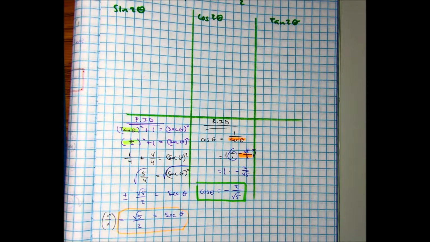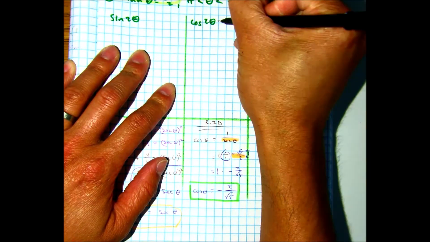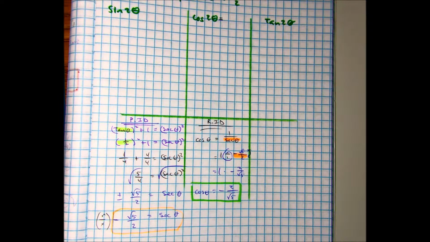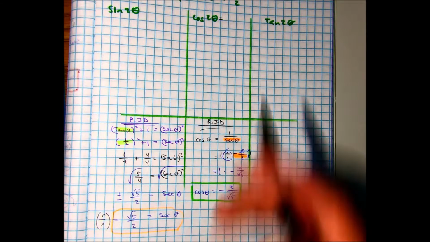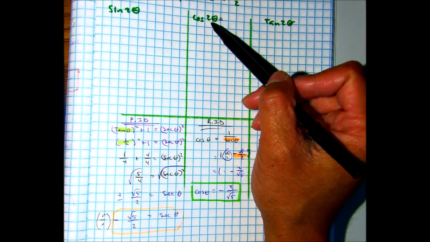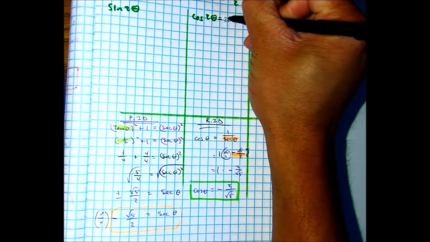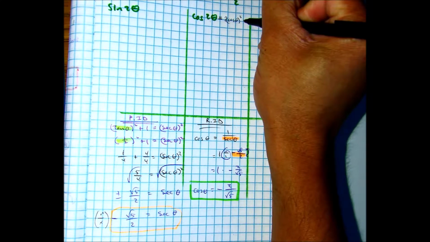Sine 2 theta, cosine 2 theta, or tangent 2 theta? Echo? Correct. What's the formula you're going to use? Which of the three? Two cosine theta squared minus 1.